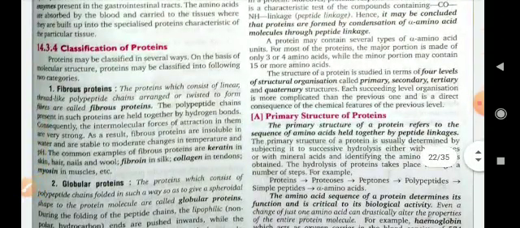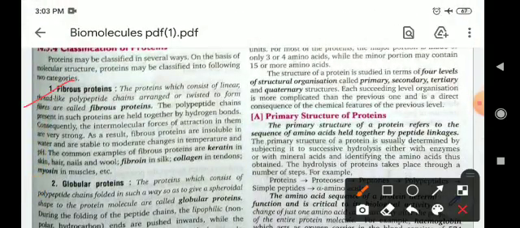Okay, classification of proteins. Number 1, fibrous proteins. The proteins which consist of linear thread-like polypeptides arranged or twisted to form a fiber are known as fibrous proteins. For example, keratin in skin, hair, nails and wool, fibroin in silk and collagen in tendons.